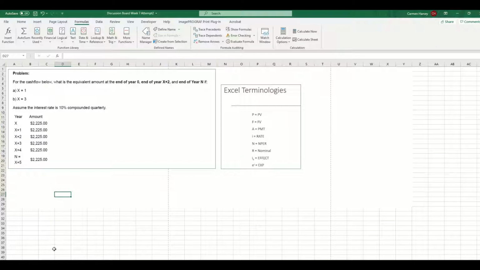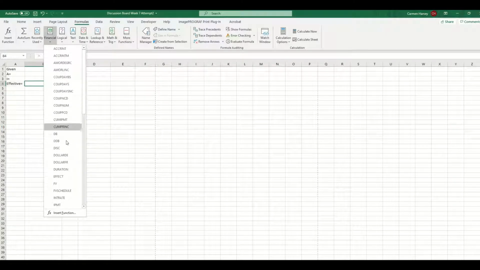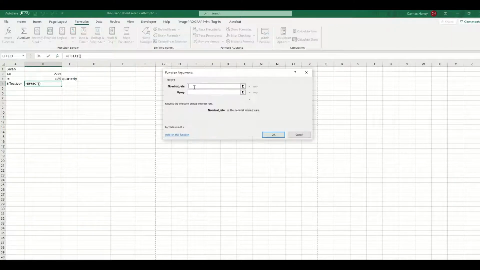So that tells us what to plug into Excel. You go under financial, to EFFECT. The nominal rate is going to be this value here, since this is the nominal rate, but it's annual.